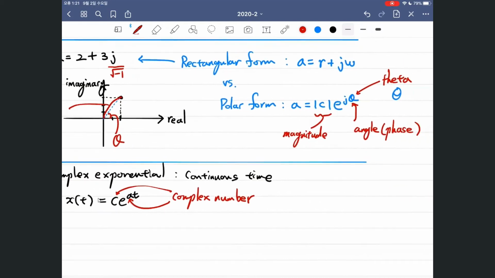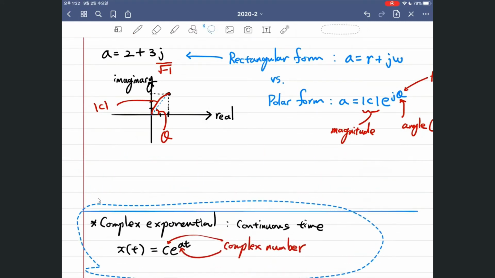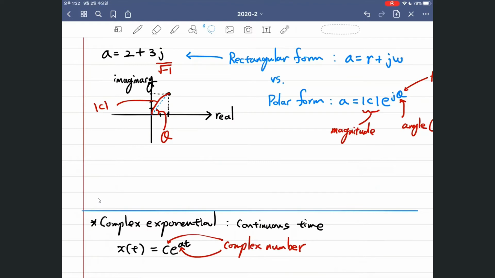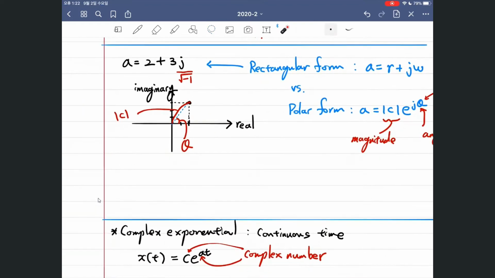So, okay, I think I will do one more thing. We can relate this rectangular form and the polar form. For example, the magnitude C can be obtained by R and omega, because this length is R and this length is omega.